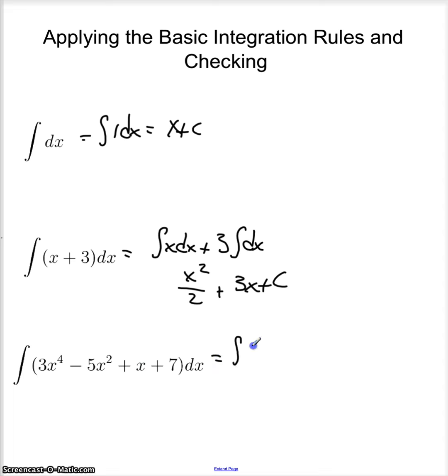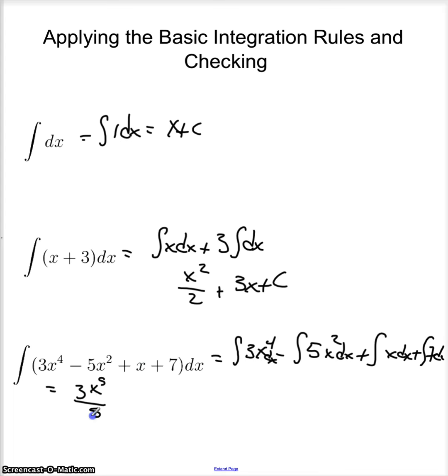This is going to be the integral of 3x to the 4th minus the integral of 5x squared dx plus the integral of x dx plus the integral of 7 dx. Am I leaving out my dx's? No. So this is 3x to the 5th divided by 5 minus 5x cubed divided by 3 plus x squared over 2 plus 7x, and do not forget your constant.